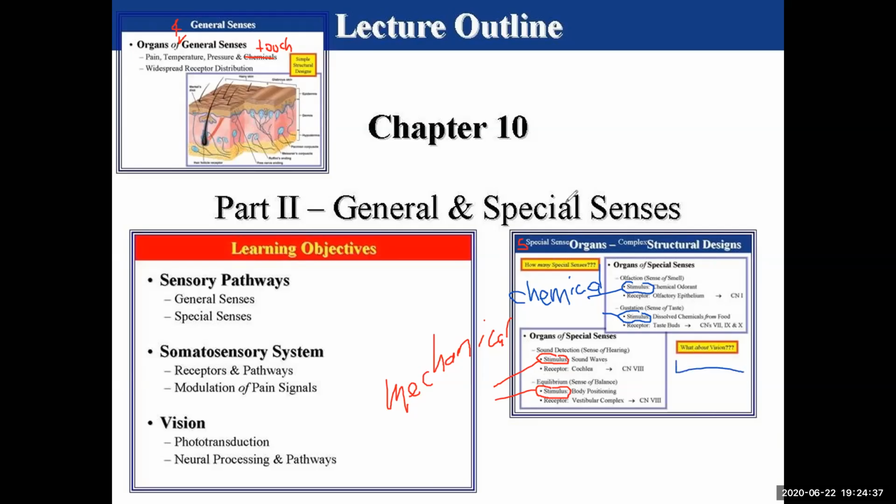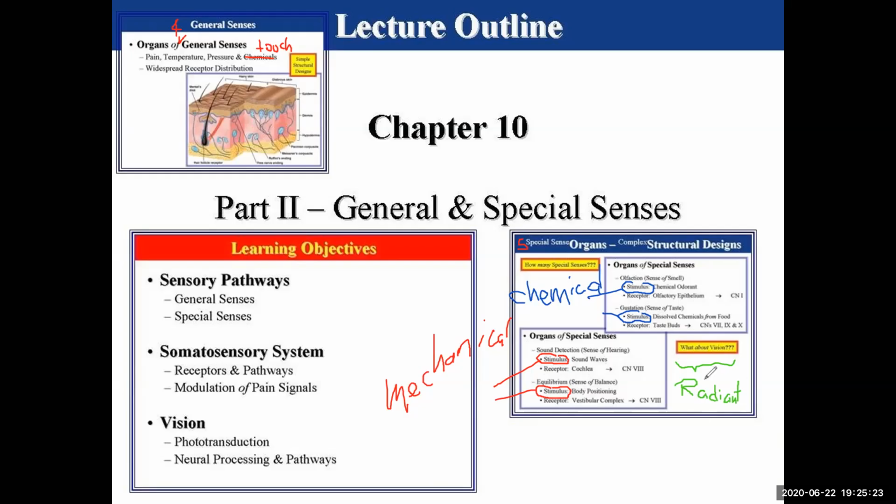Whereas vision, again, is a little bit different. This is called radiant energy, or visible light, right?